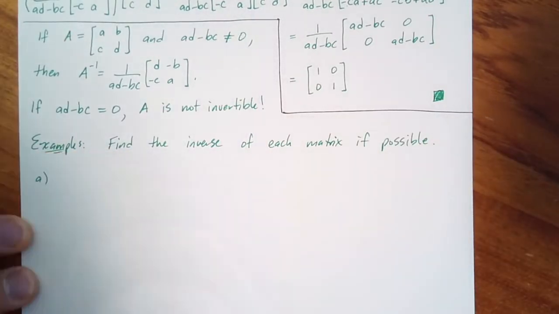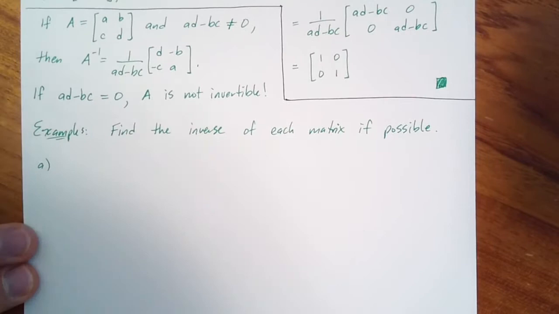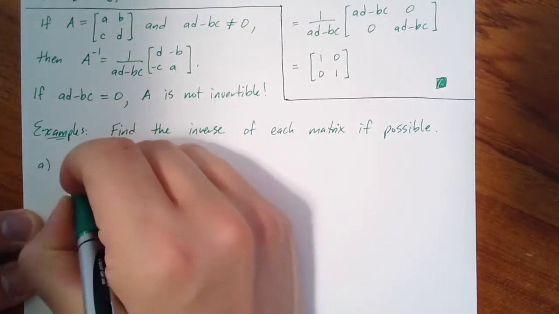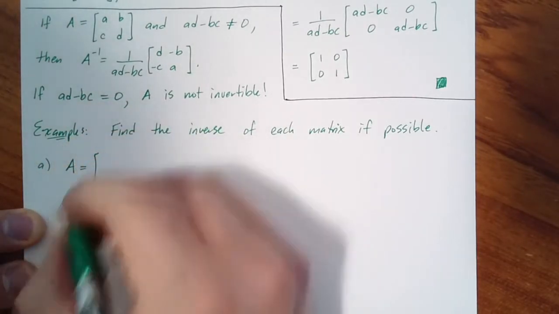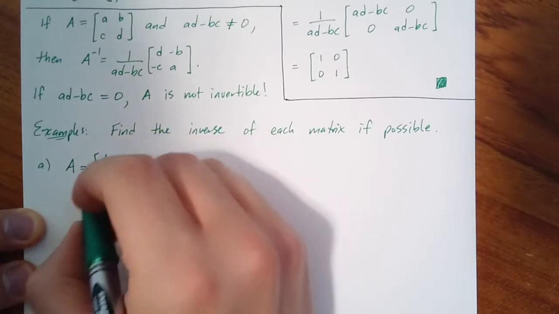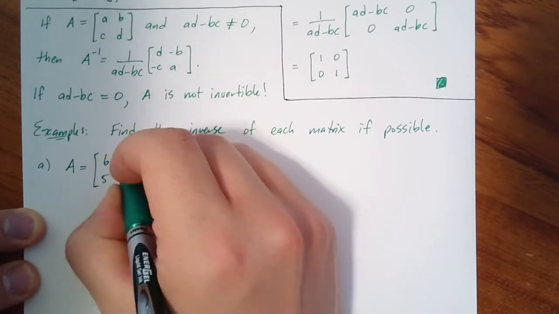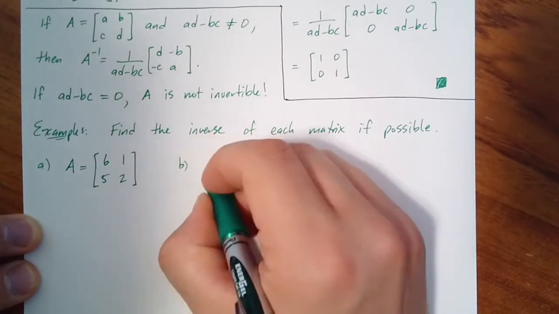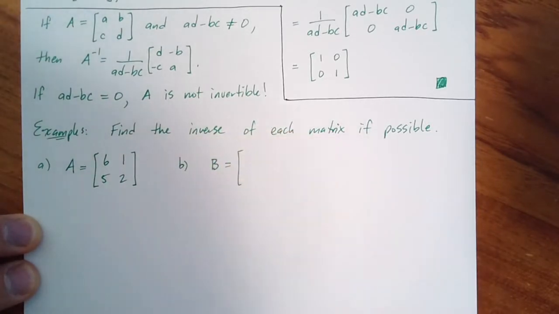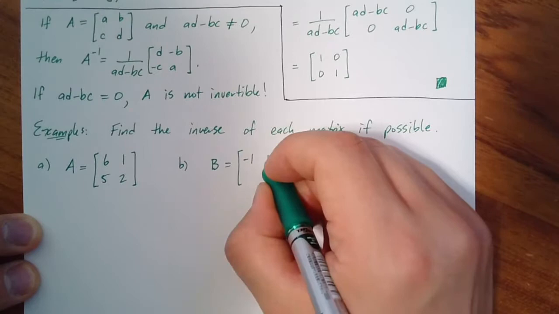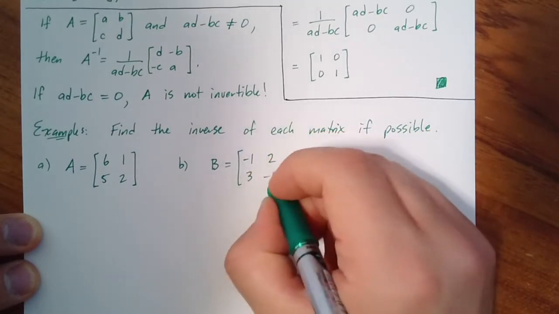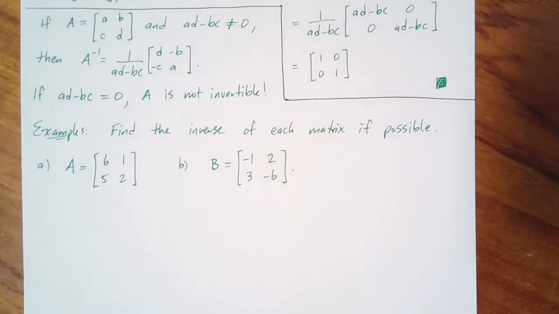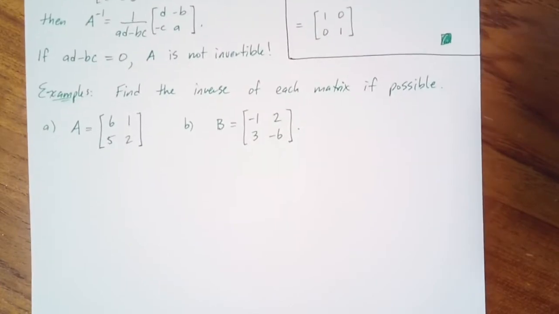So the first one, we have the matrix A, and it's given by this 2 by 2 matrix, 6, 1, 5, and 2. And then our second example will be the matrix B, and it's going to be given by -1, 2, 3, -6. So let's tackle these one at a time.